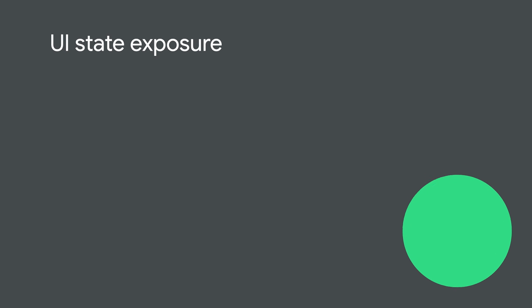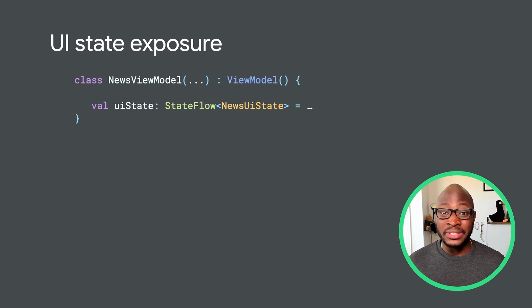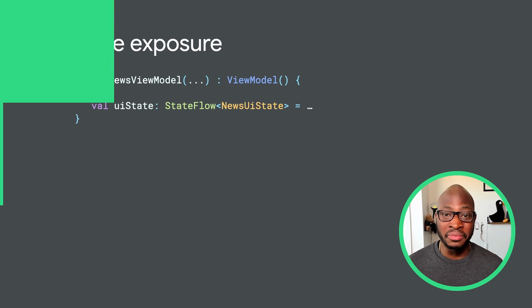But how does the UI know that the UI state has changed? The key to this is observable data. The UI state should be exposed in an observable data holder, like a state flow or live data. This allows the UI to react to any changes in the state without manually pulling the data directly from the view model.